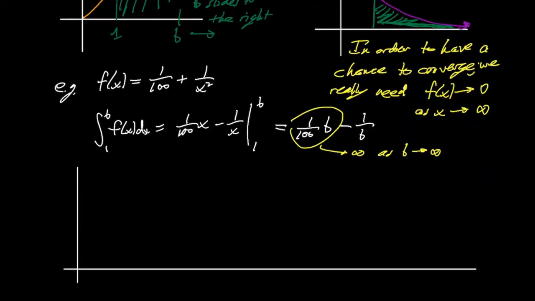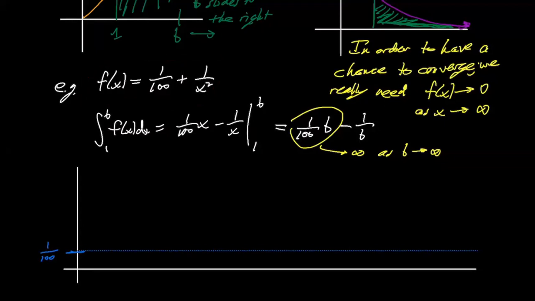There we go. If we think about this function up here and we want to plot it, and I kind of zoom in, at least vertically, there's this 1 over 100 here. And there's kind of this barrier right here.